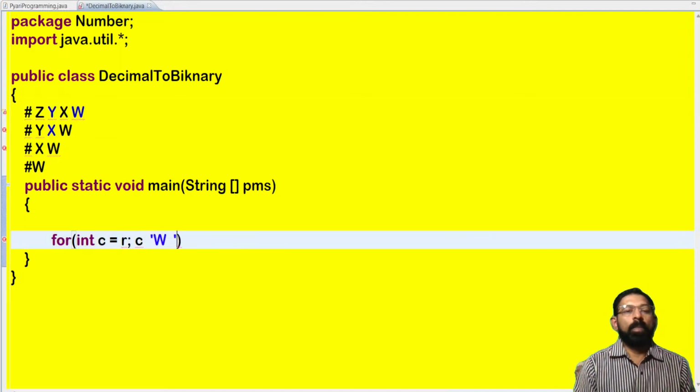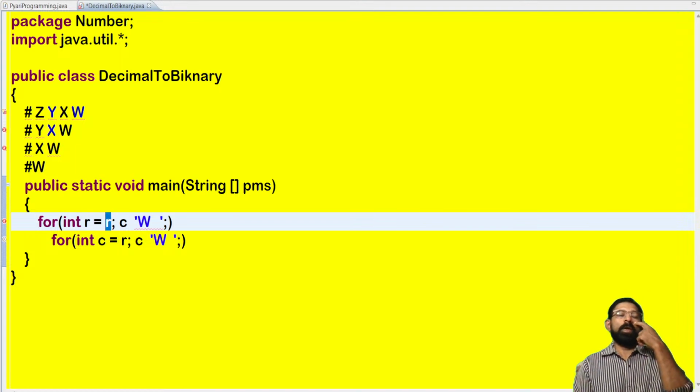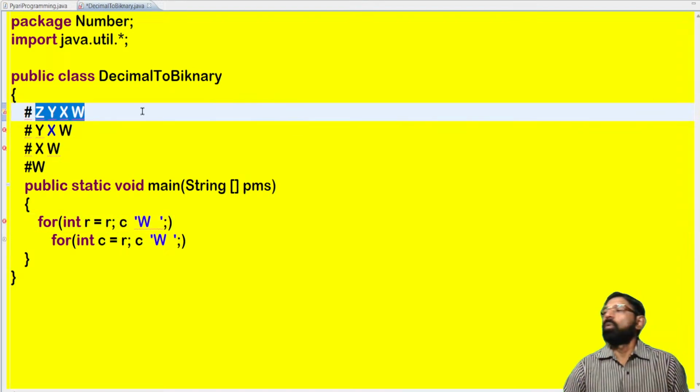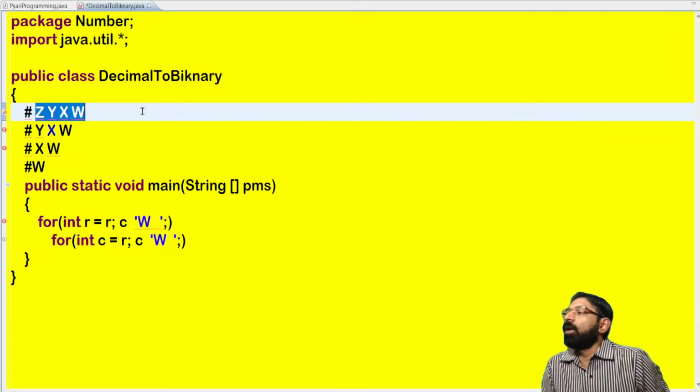W, semicolon. Now let's go to the outer one, where R is equal to how much? R is equal to how much, you can say? It is quite clear. C is greater than equals to W. Yes, R value.